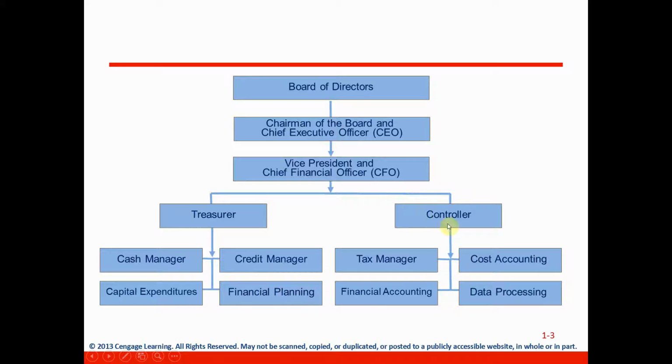And the controller is in charge of information. The controller's job is information. They take care of the tax and they take care of the cost accounting, financial accounting, managerial accounting, and they consolidate all the accounting information into the data system, and then they disclose the information to the owners or to the public.